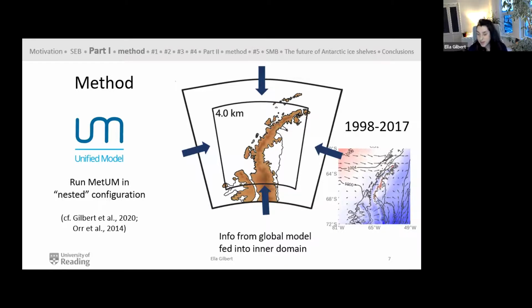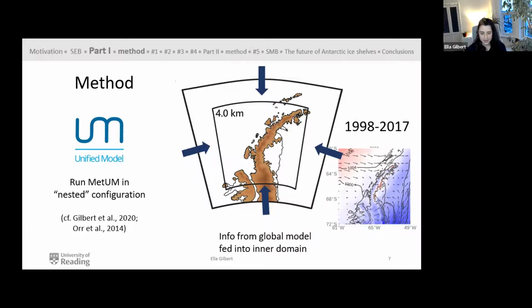It's essentially dynamically downscaling ERA-Interim reanalysis. So we're zooming in on the Larsen C ice shelf, and we've got the domain that looks a bit like this at 4-kilometer resolution. So this is a high resolution regional climate model version, and we're using it to put a magnifying glass on the area of interest.